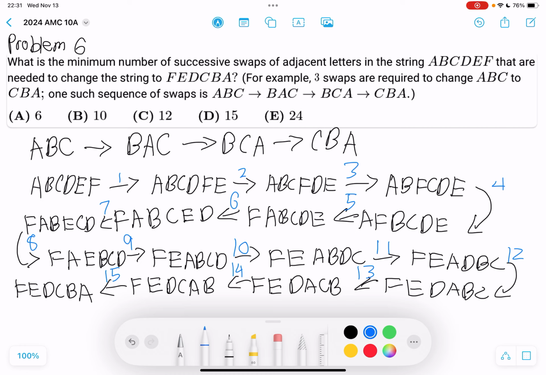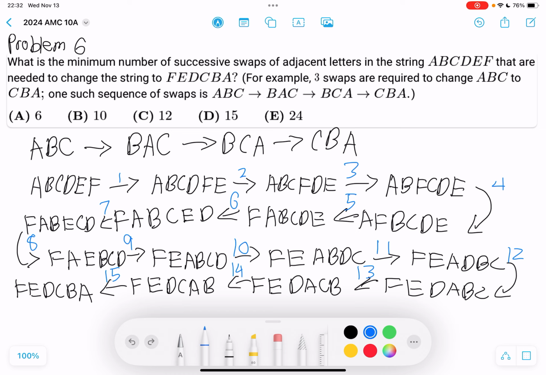Well, the thing you can use to verify is your common sense, I guess. Because you know that you can only swap adjacent letters. The most efficient way of doing so is just swapping letters such that all the letters are going in the right direction. Like A is going to the right, and F is going to the left. They're all going in the correct direction.